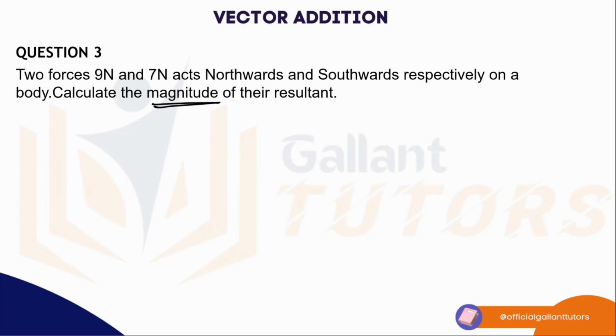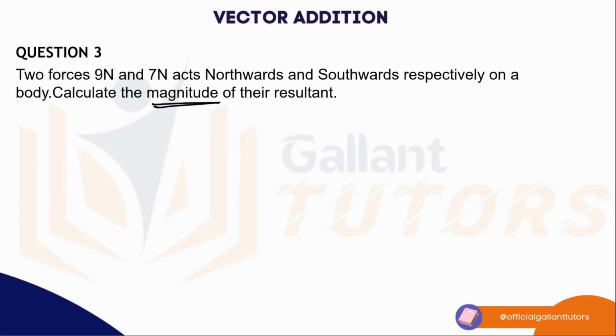I just stated the direction in the previous one in case of certain questions which you're going to encounter in external examinations. Is that clear? But now, if they tell you the magnitude of their resultant, you shouldn't specify a direction. Is that clear? Good. So pause the video and solve this.